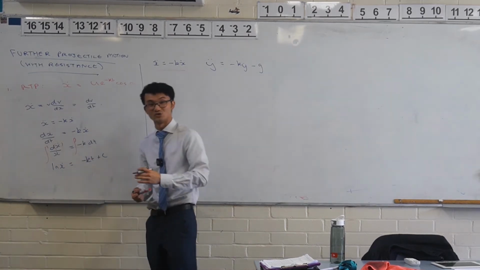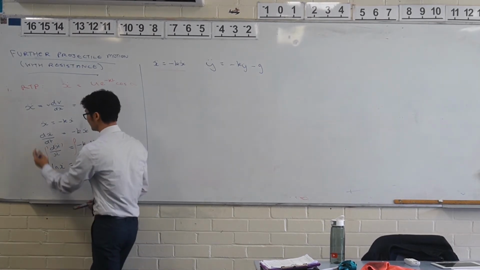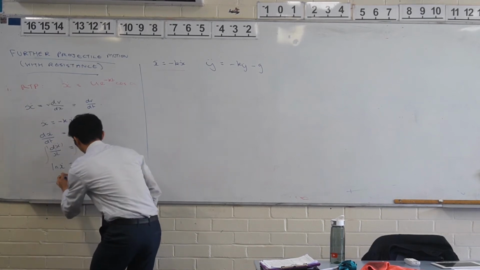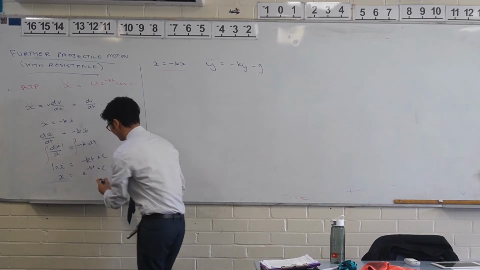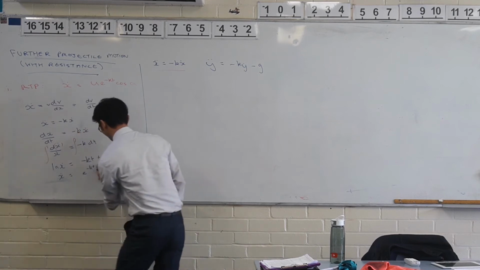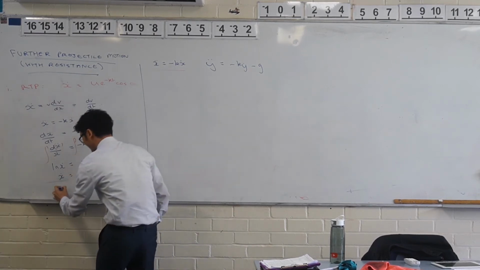Then you can use your exponential tricks and whatever. So you raise both sides to the power e. That's just going to become x dot, isn't it, if you do that. And then e to the minus kt plus c. But then remember, that should be a power. Like that. But then this guy can just be e to the c, which is just a, right?